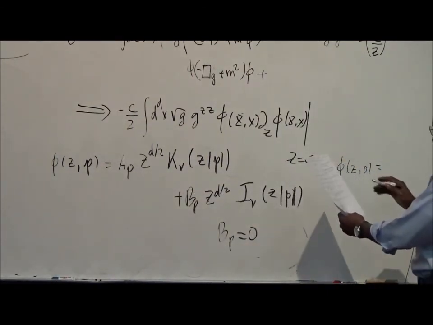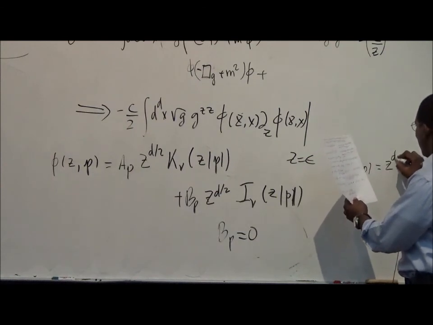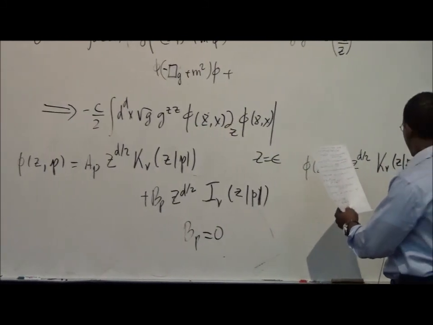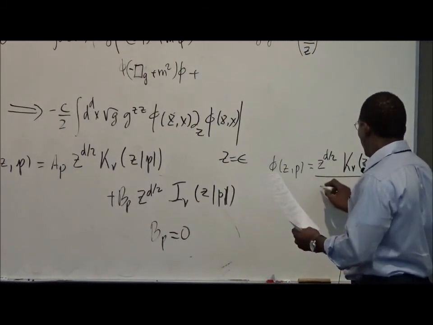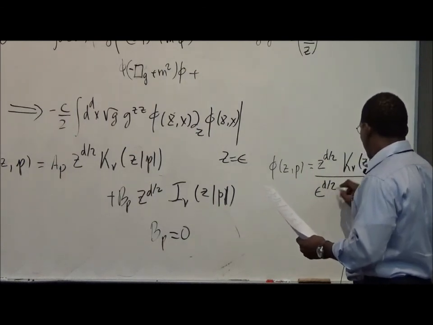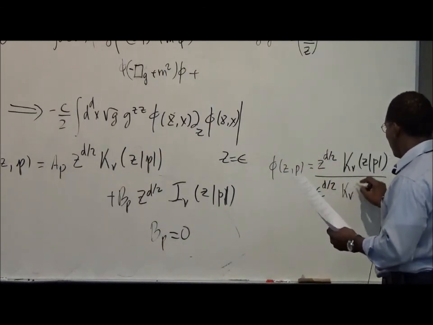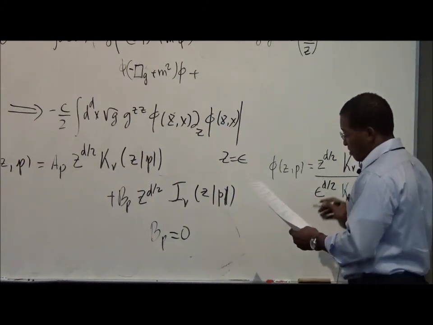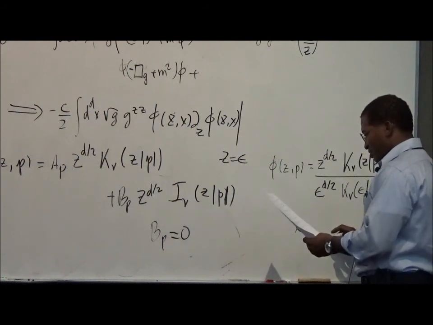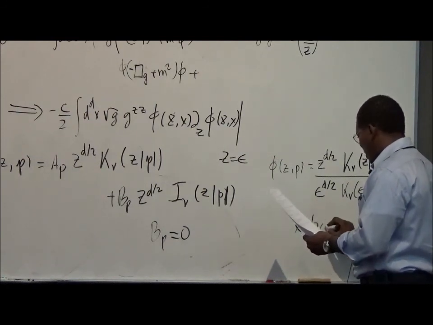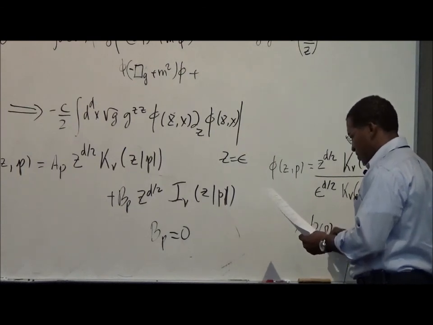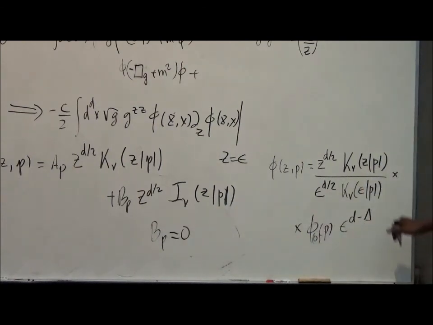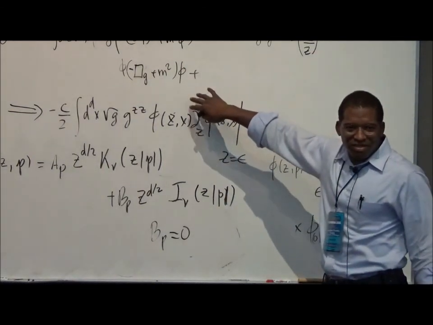So the phi that I'm going to write is z to the d over 2, K_nu, over the same at epsilon. I will normalize it this way. This epsilon is where I put the boundary now. I know it's a little bit long, but it's not too bad. Then I'm going to write epsilon to the d minus Delta. That's my field, and now what I need to do is to evaluate this.